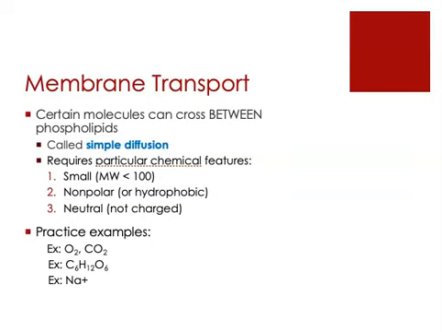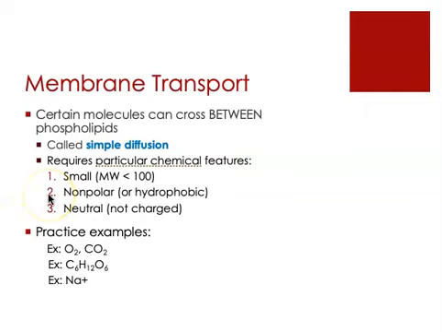So 8 plus 8 gives the molecule a molecular weight of 16. So a molecular weight less than 100 is a relatively small molecule. That makes sense, right? You wouldn't expect something very big to be able to just cross in between those phospholipids.